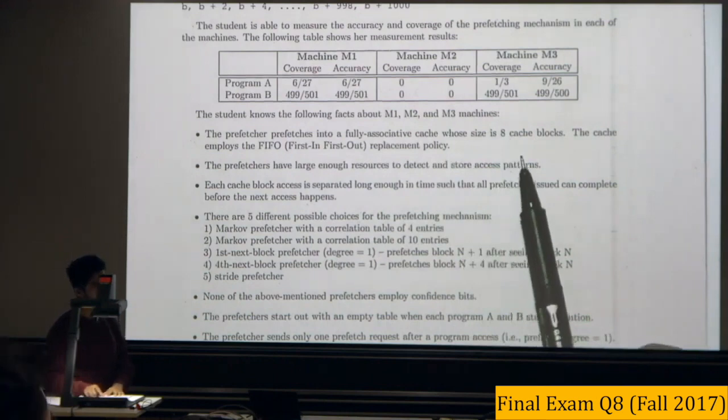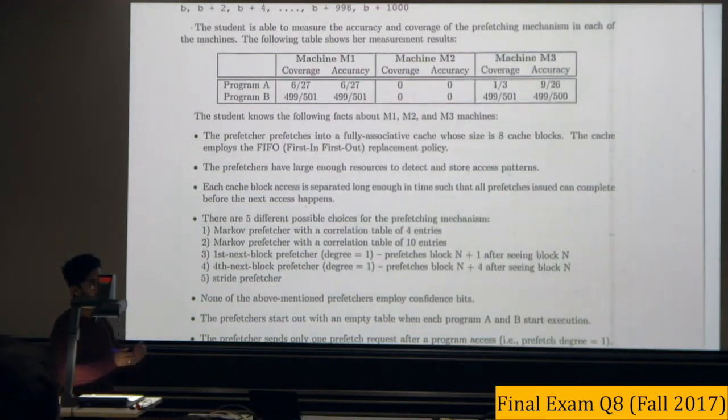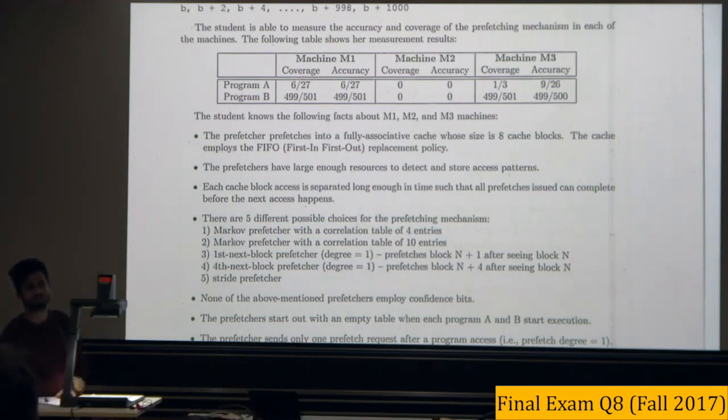It's big enough to hold. 8 cache blocks means you can simply think of holding 8 prefetched cache blocks, right? So by the time the demand actually comes, the demand and this prefetch should not be 8 cache blocks apart, which is not happening.